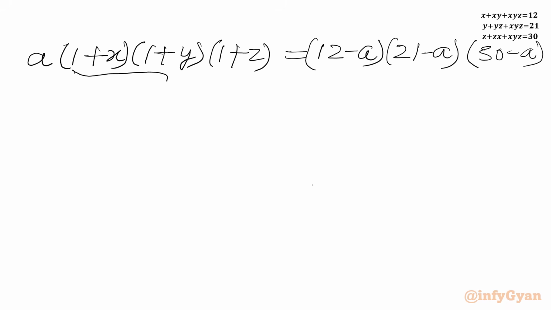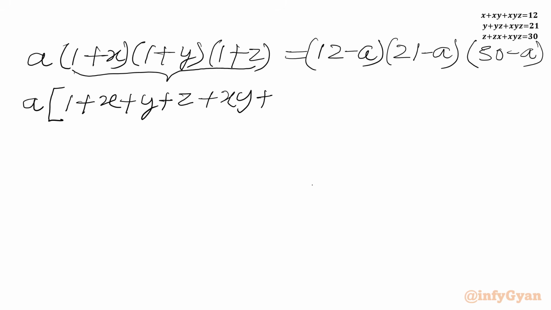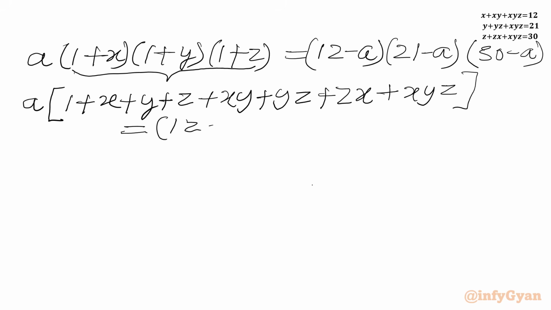Now we have to multiply these three brackets and we will get a in the bracket 1 times 1 times 1, 1 will be there, plus x plus y plus z plus xy plus yz plus zx plus xyz, and in RHS we have product of three brackets, 12 minus a times 21 minus a times 30 minus a.